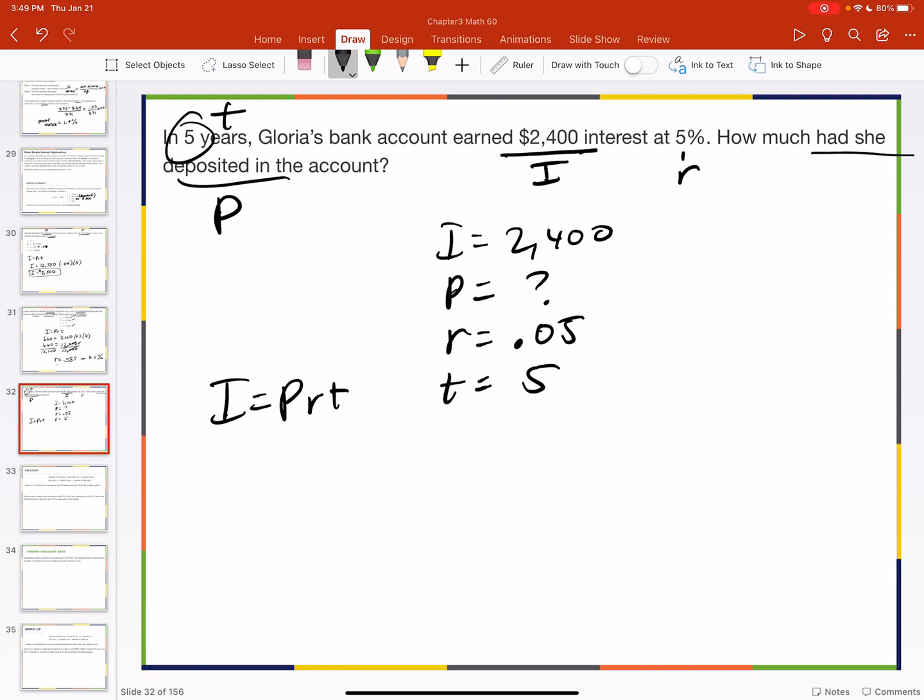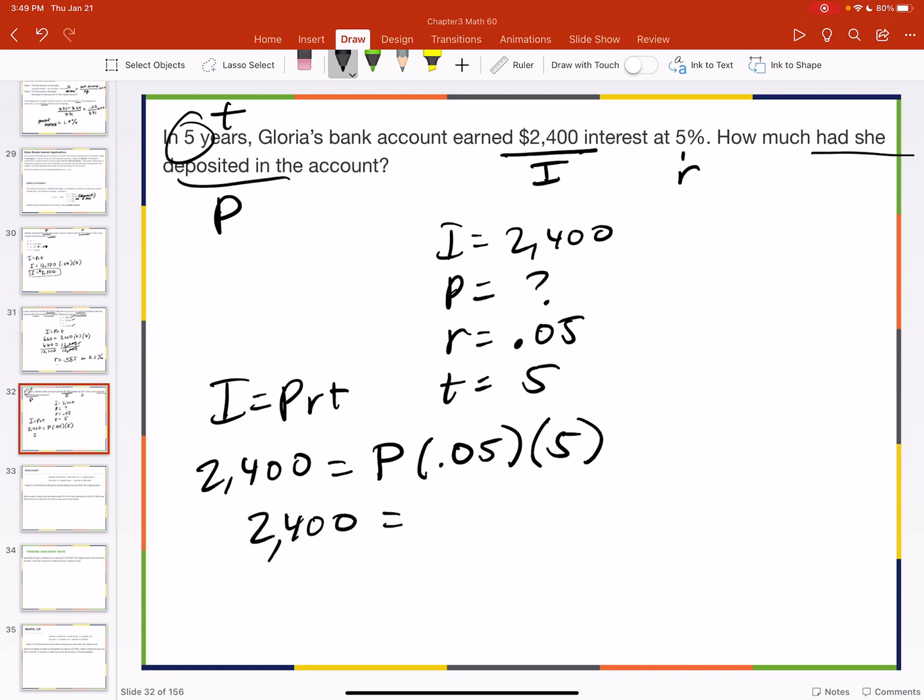So then that's going to be 2,400 is equal to P. We don't know what it is, so let's leave it as its letter, times rate times time. Okay, so if we multiply 0.05 times 5, that's 0.25. So we have 2,400 is equal to P times 0.25, or 25 hundredths.